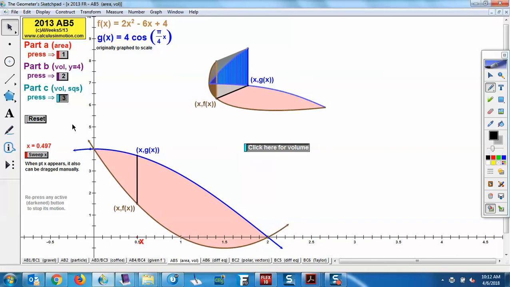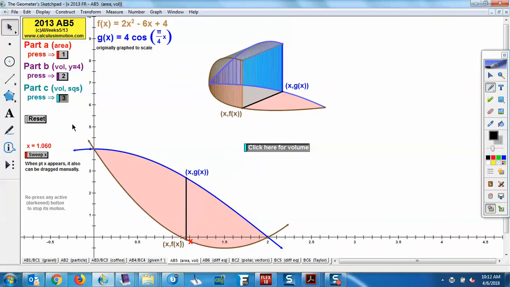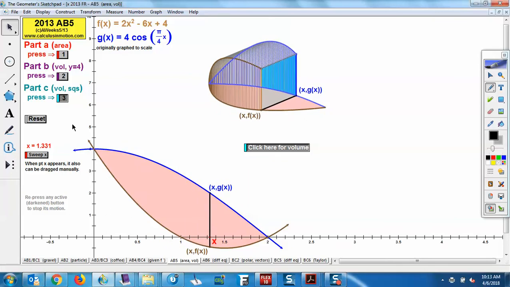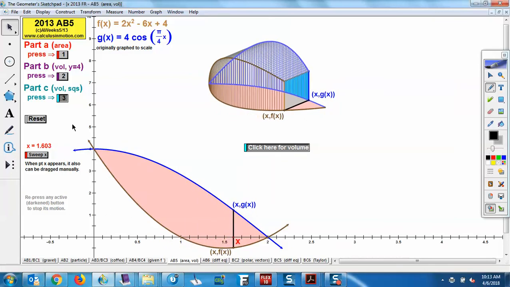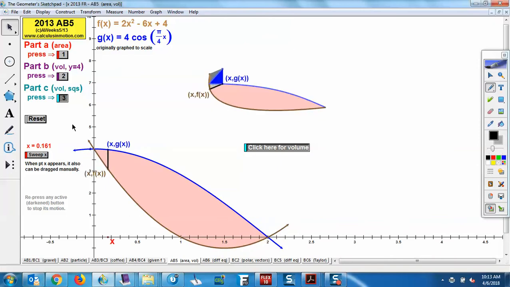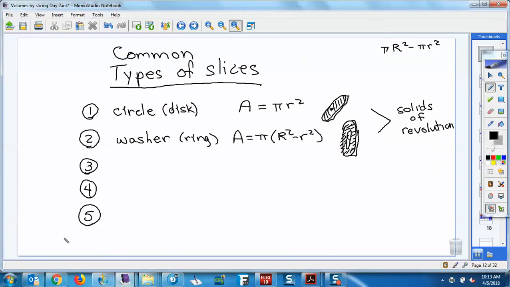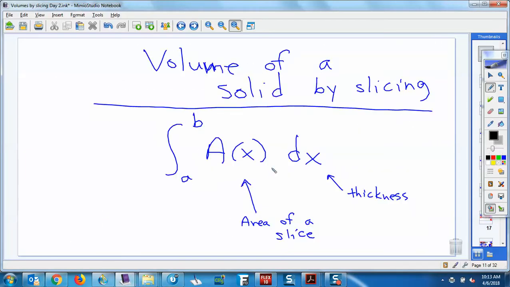So what is our strip? What part of the square is the strip? Well, it's just one side of the square. I mean, what's the area of a square? It's a side squared, right? And in our integral, what do we want? In our integral, all we want is the area of the slice.